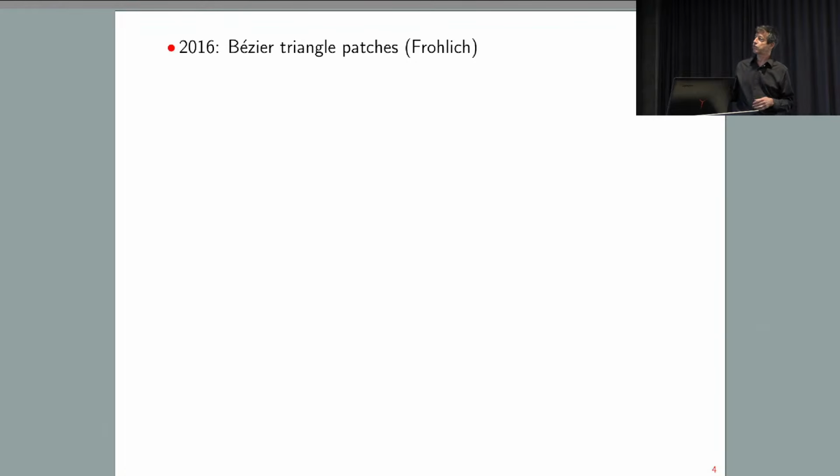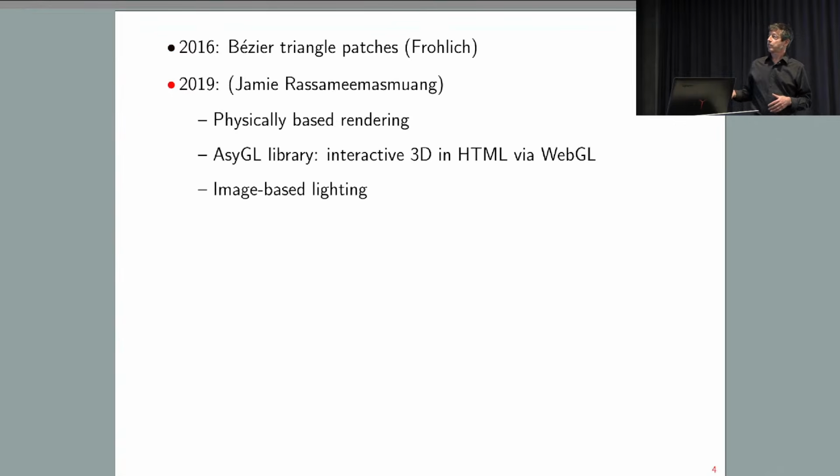Another missing feature at that point that we added was Bezier triangle patches. Those are useful; a Bezier triangle is a natural generalization of a triangle to 3D. Then a student who goes by the name of Jamie, Supakorn Rassameemasmuang, independently contributed a better rendering model than the Phong blend model, which I was using.